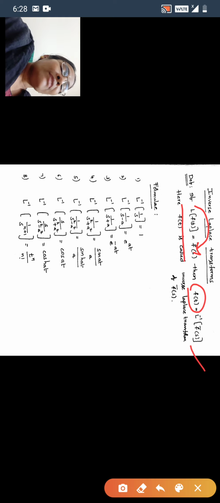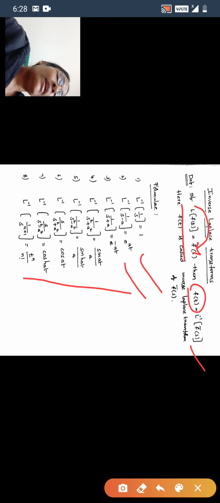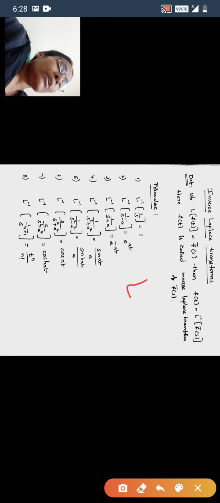Now the formulas for inverse Laplace transform are: L inverse 1 by s equals 1, L inverse 1 by s minus a equals e power at. By observing this list of inverse Laplace transforms, as we already learned the Laplace transform formulas, clearly we know L of 1 equals 1 by s.